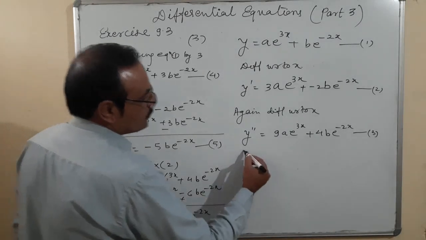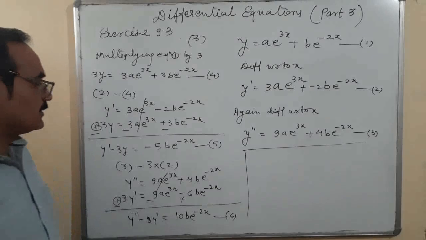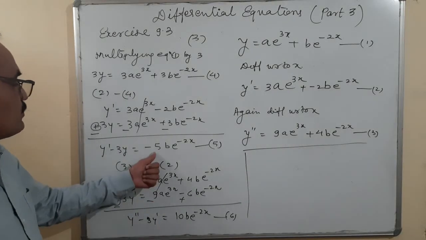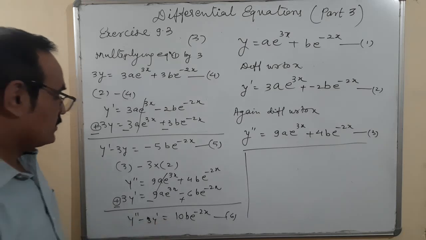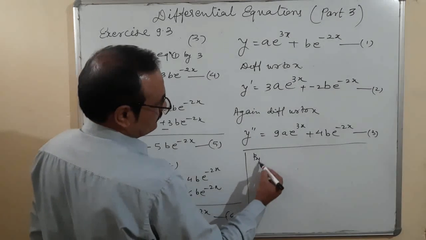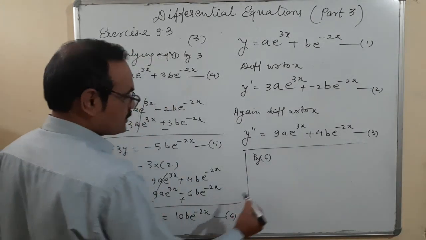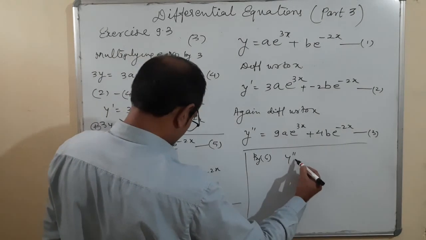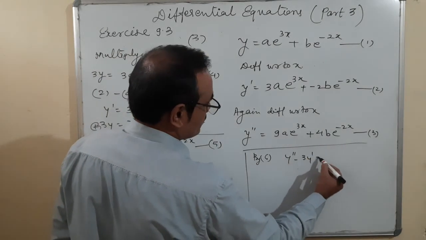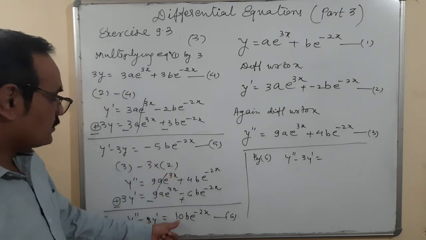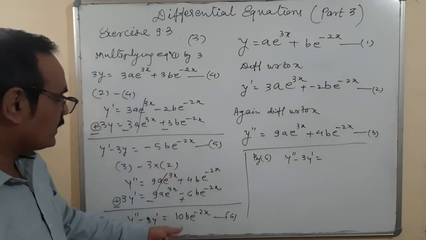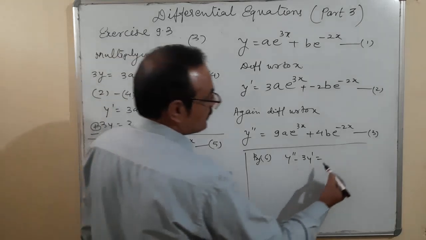Now you can see equation number 5 and 6. In equation 5 it is minus 5b e to the power minus 2x, and in 6 it is 10b e to the power minus 2x. So by equation 6, y double dash minus 3y dash is equal to 10b e to the power minus 2x, and this is the value of 5b. So this 10 I may write as minus 2 multiplied by minus 5. Is there any problem?